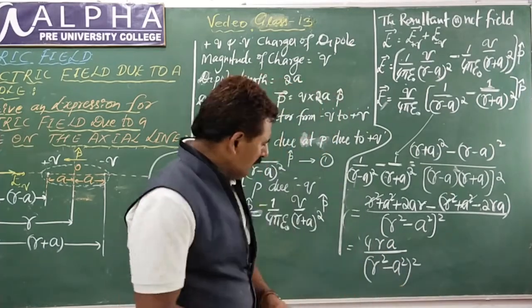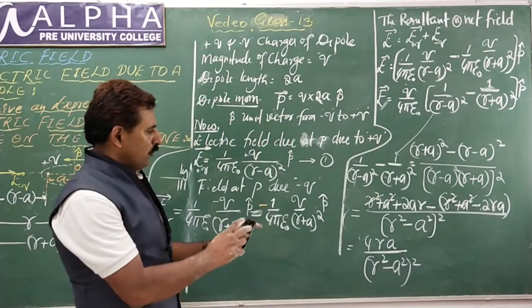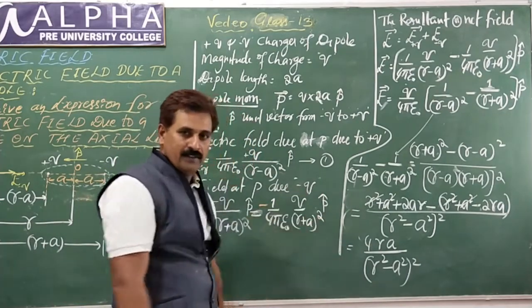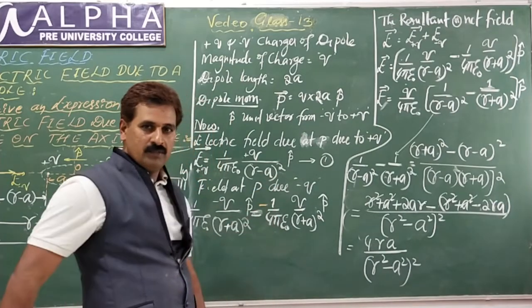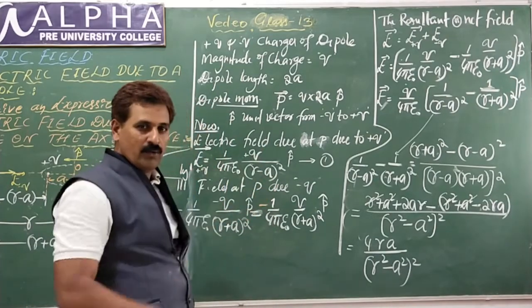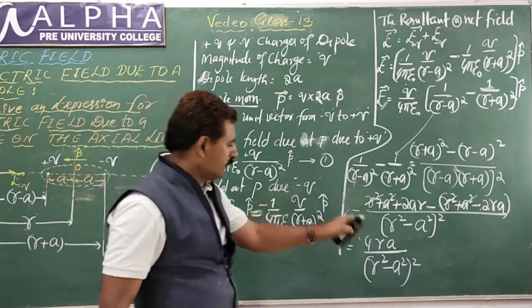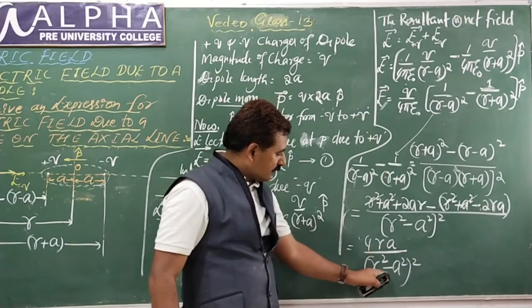That's it. Remember this. You need not show this calculation part. When you are practicing, you try this. You note this down. Now you pause the video. Note it down. Right? I'll rub this now. You too don't write it in the exam, but practice like this. Remember this value. If you take LCM and solve, what do you get? 4RA by R square minus A square whole square.